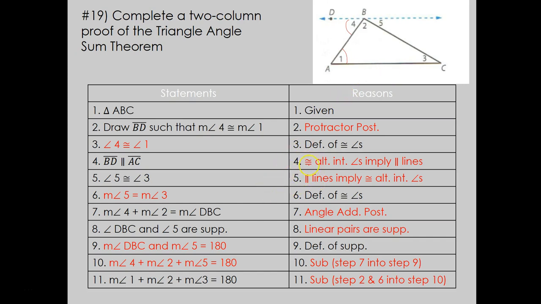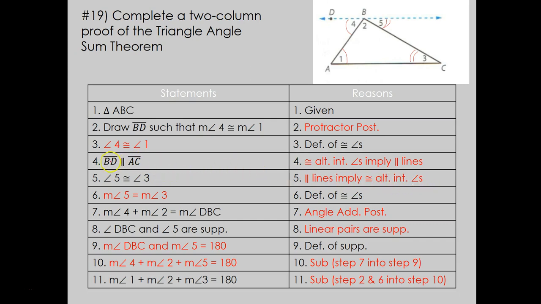It says congruent alternate interior angles imply parallel lines. Now we can go ahead and say that angle 5 and angle 3 are congruent because we know these are parallel lines. So we use a little bit different definition, the converse of what was in number 4. Parallel lines imply the congruency of alternate interior angles.